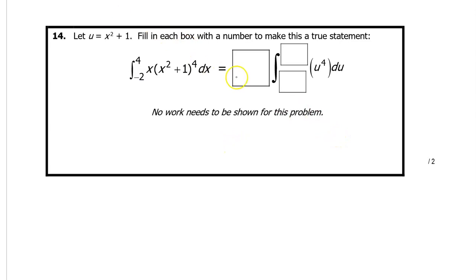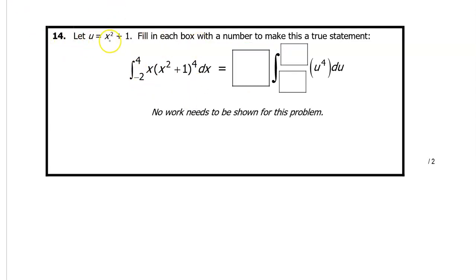But another way is to change the existing limits of integration to new limits written in terms of u instead of x. So that's what we're going to do on this problem.